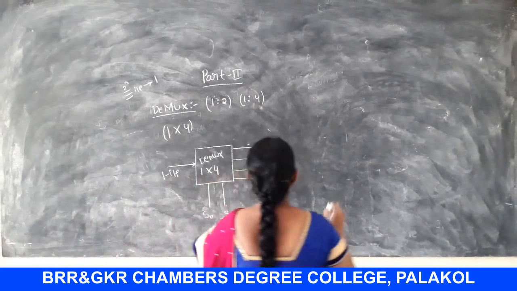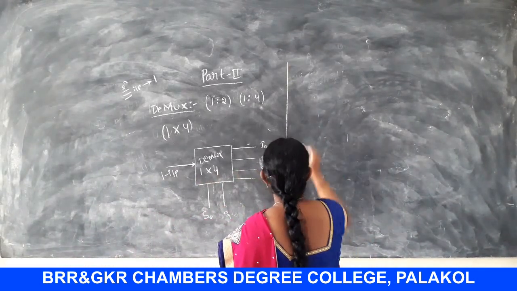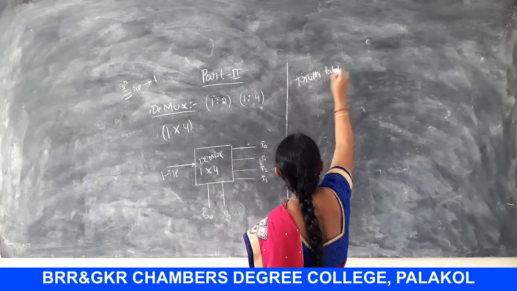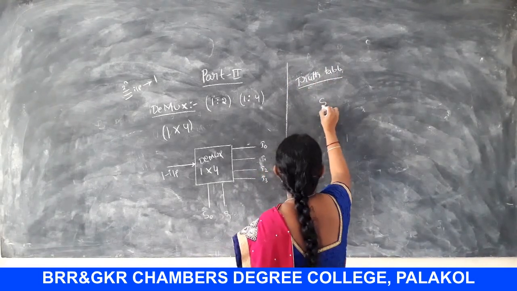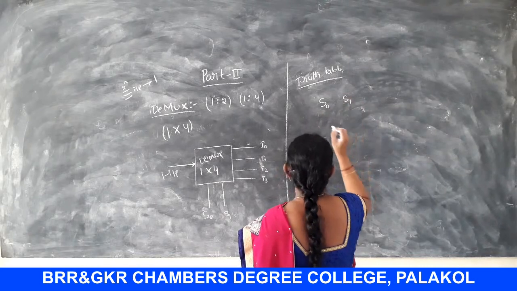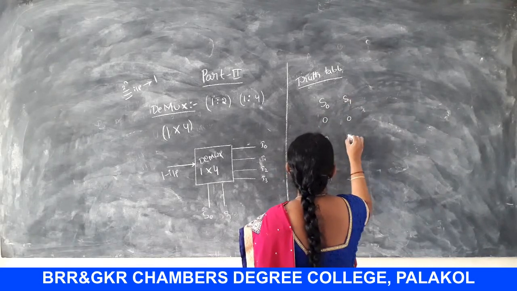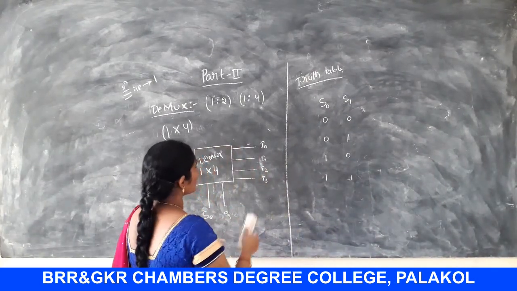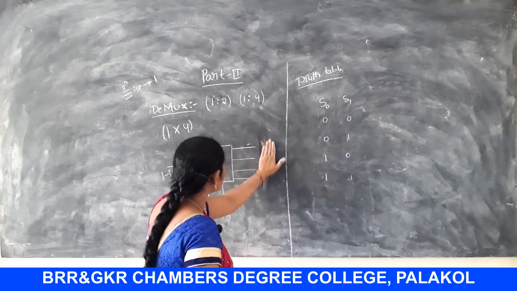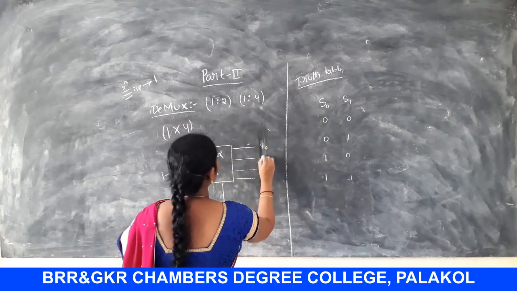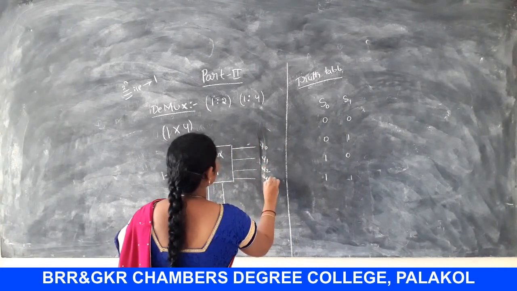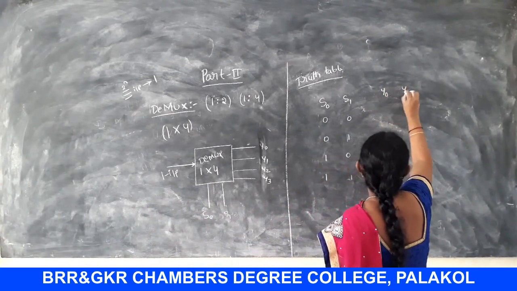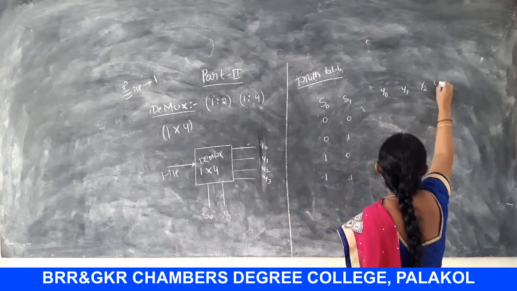Now, we will draw the truth table. Here the selection inputs are S0 and S1: 0 0, 0 1, 1 0 and 1 1. These are the 4 outputs, Y0, Y1, Y2, Y3.